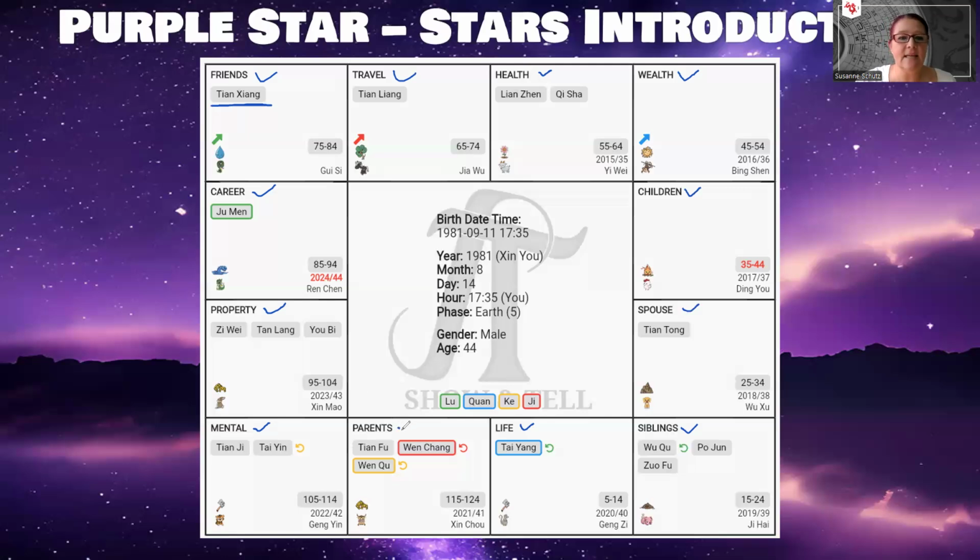And then lastly, the Tian Xiang star in the parents' palace. The parents' palace, even though it's called parents, relates mostly to the father. So if you have the Tian Xiang star in the parents' palace, you have a father who takes good care of you, generally speaking.